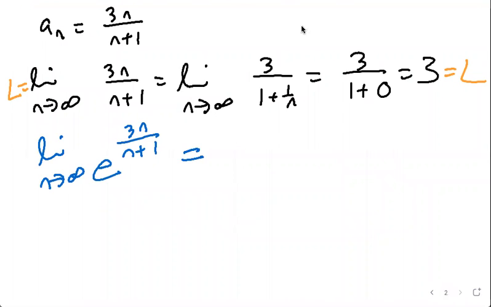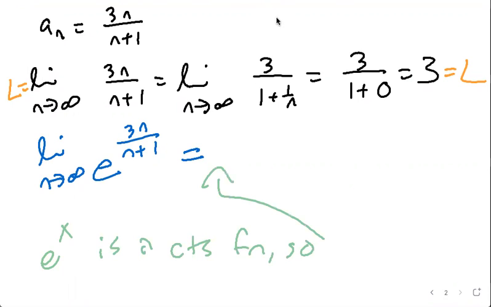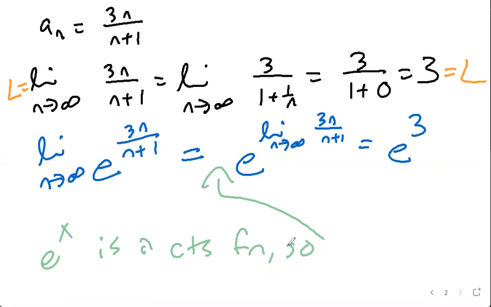I need to make the point down here that e to the x is a continuous function. So we are allowed to interchange the order here: e to the limit as n goes to infinity of 3n over n plus 1. And so this is going to be e to the L, e cubed.